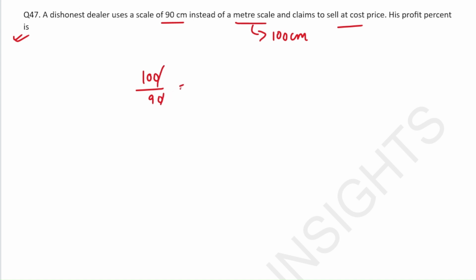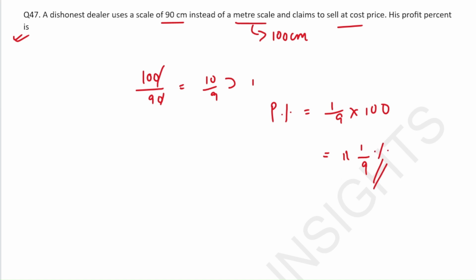So 0 cancel, 10 by 9. So the dealer is getting profit by 1 unit. Yes or no? So that means profit percent will be 1 divided by 9 into 100, which will give you 11 1 by 9%.